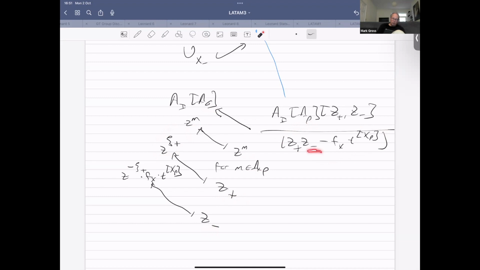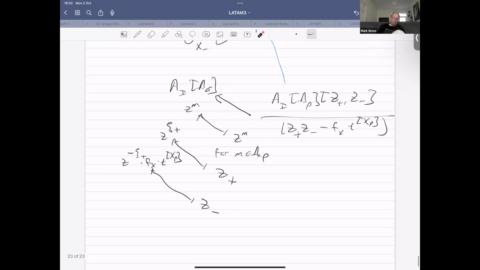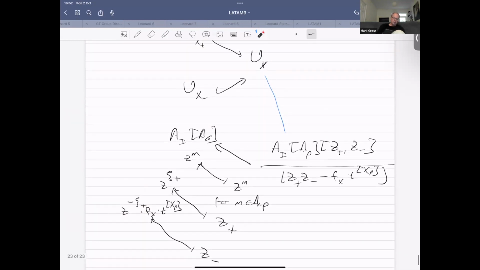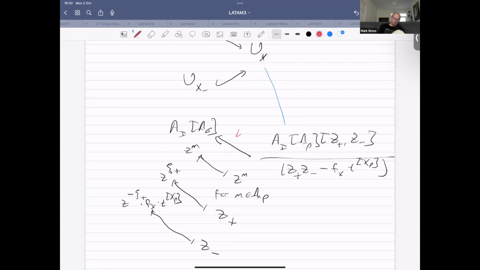Well, I solve for z minus in this equation. z minus is z plus inverse times fx times t to the x rho. And that's what we have here. z plus is being sent to z to the c plus. We have z to the minus c plus times fx times t to the x rho. So it's easy to see that this is sent to 0 under this map. Okay, so it's also easy to see that this is just a localization. This is the localization map.